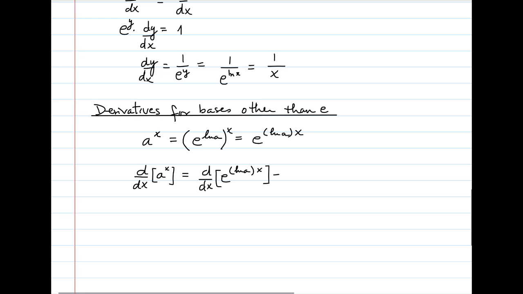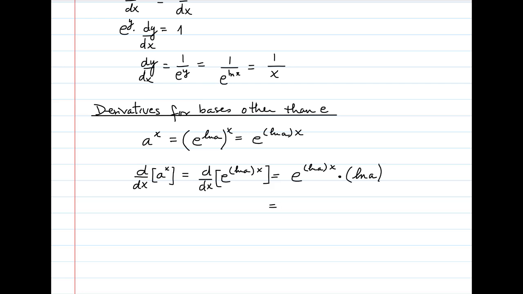So if we do the derivative of this, it should be equal to e to the same thing, ln a times x. But then chain rule says times the derivative of the inside, in other words, this exponent. So the derivative of this exponent is just ln a, because remember, this is the constant, that's just x, the derivative of x is just 1, so you end up with just ln of a.